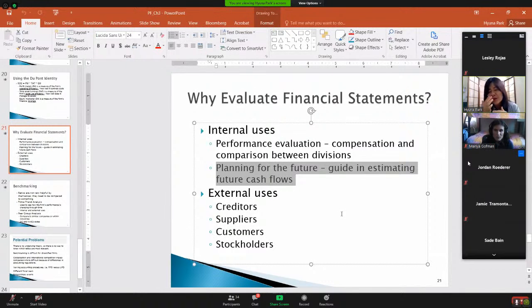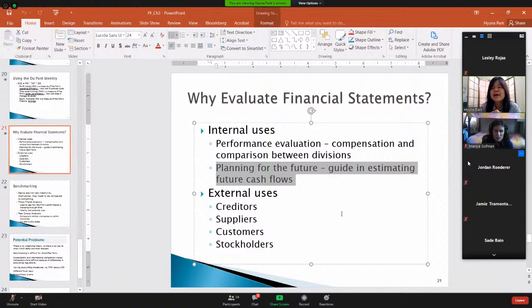That is planning for the future, guiding, estimating what kind of profits the company can make and how much cash flow the company can make. So for that kind of planning purpose, internal financial statement ratios can be used.